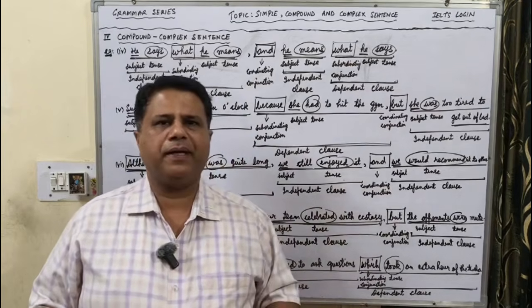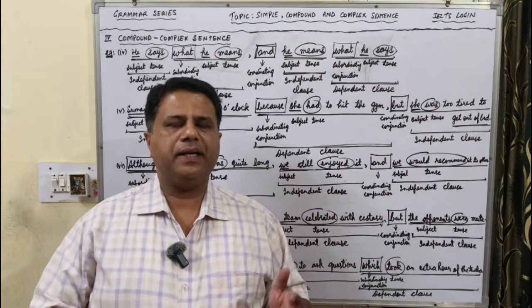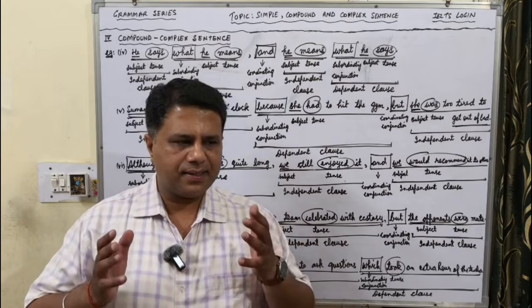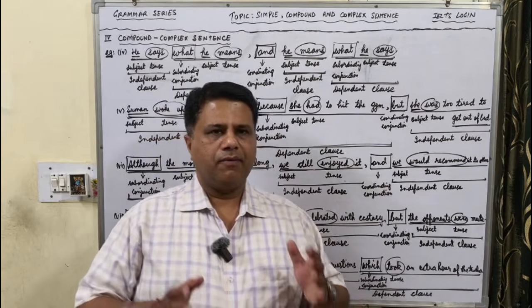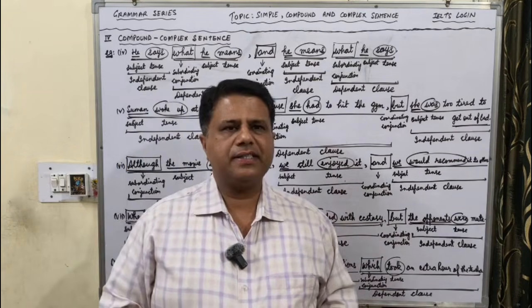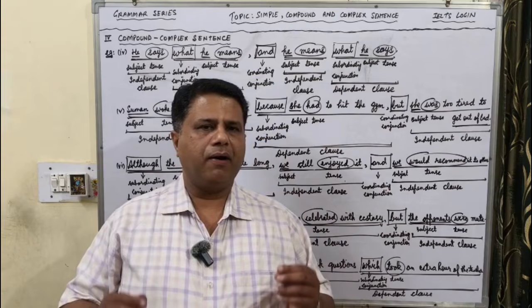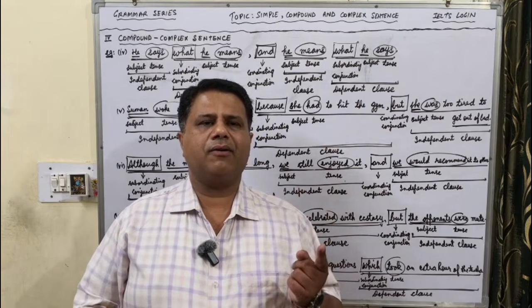Very interesting topic and very useful topic so far as your speaking and writing section of IELTS is concerned. So we have finished the topic. With this we have finished the topic of simple, compound, complex sentence. Simple sentence has got one independent clause.